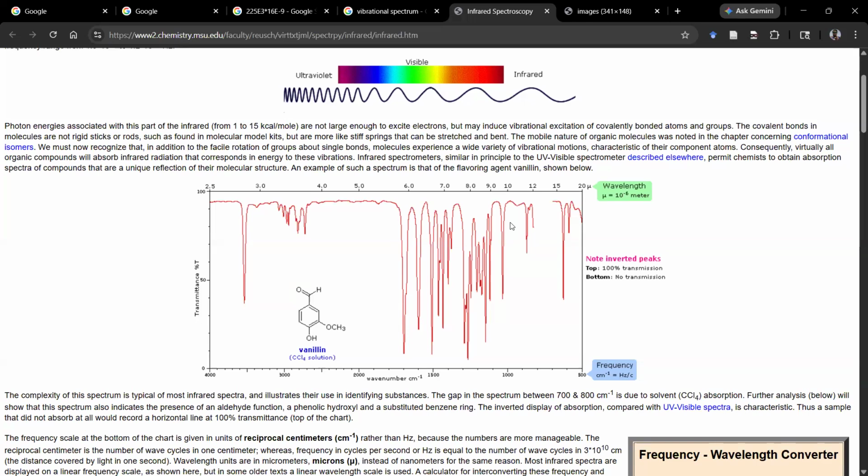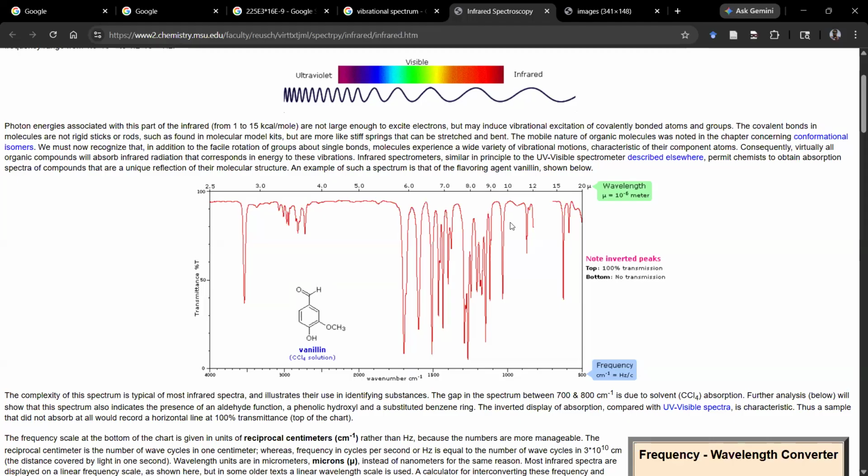And so, of course, what is the wavelength for that? 1,000 wave numbers is 1 over 1,000 centimeters of wavelength, which is 10 microns.